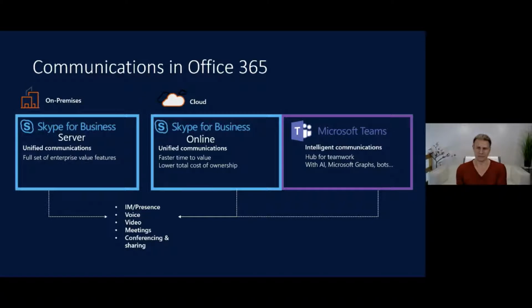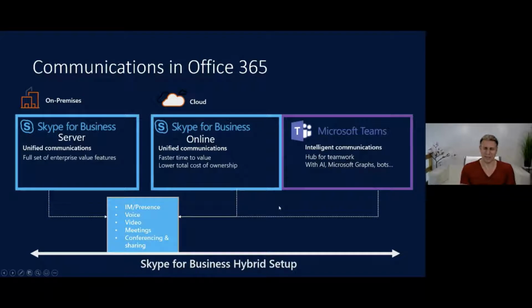Then we have cloud components, which are Skype for Business Online and Microsoft Teams. You can use either Skype for Business or Teams, or you can use them together. But how do we talk between on-premises and the cloud? We need a hybrid setup there.